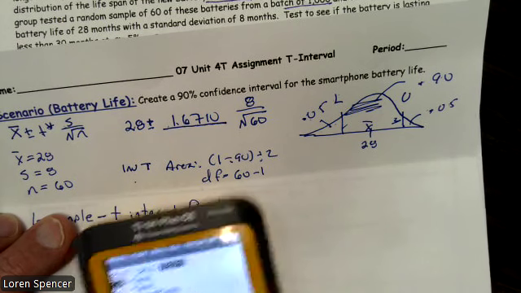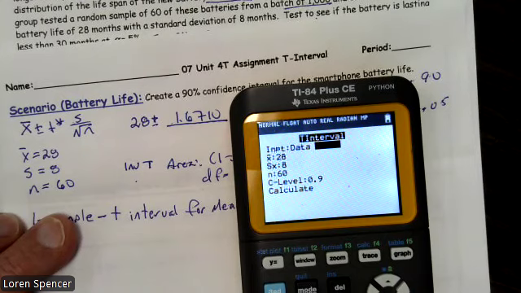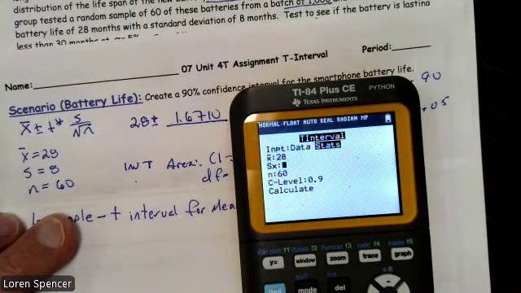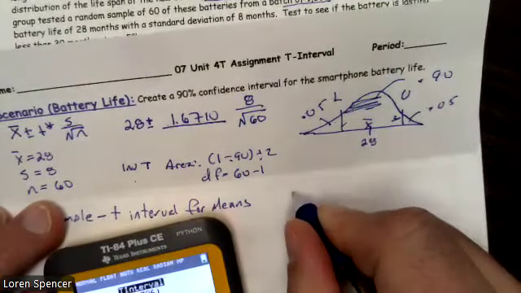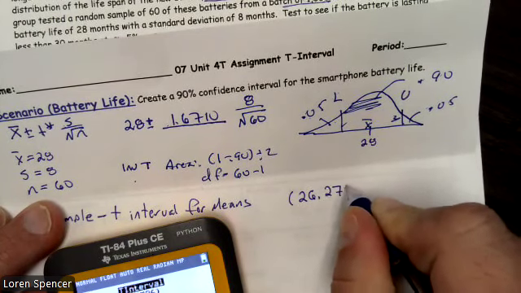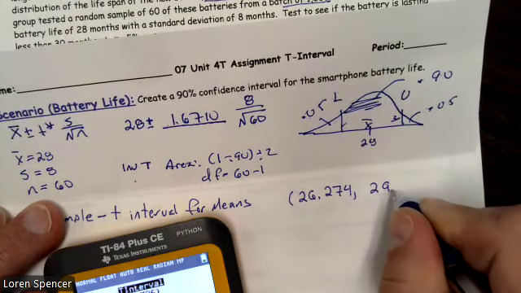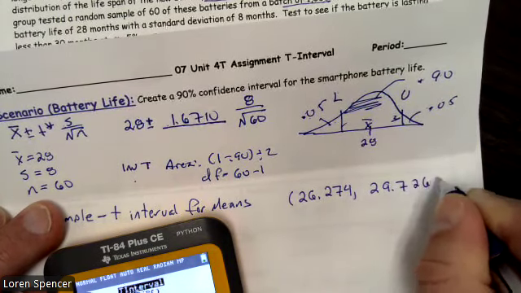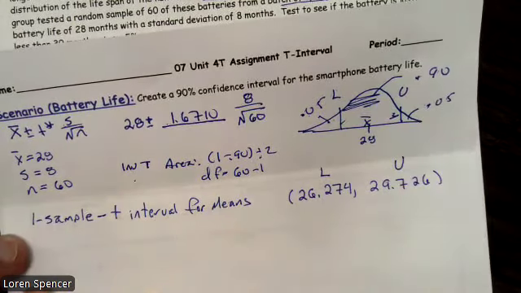Stat, test, t interval. There it is. There's my interval, 26.274 to 29.726. This is my lower, that's my upper. So now I've done my interval.